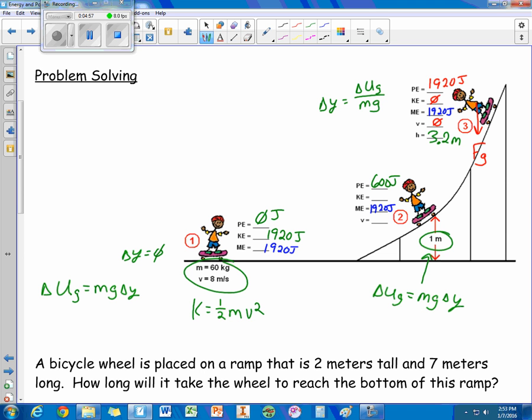So doing a quick subtraction here, that kinetic energy then would equal the mechanical energy minus the potential energy, I see that I have 1,320 joules of kinetic energy, and then the velocity, let's see, it'd be 2 times the kinetic energy divided by mass, in order to take the square root, and I would get about 6.6 meters per second. So that's just using some logic to go through this one.